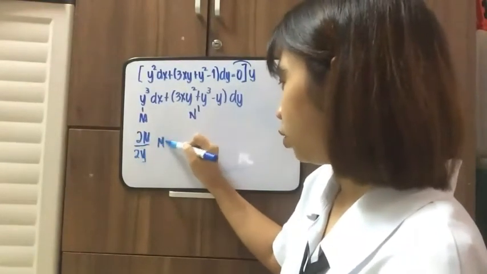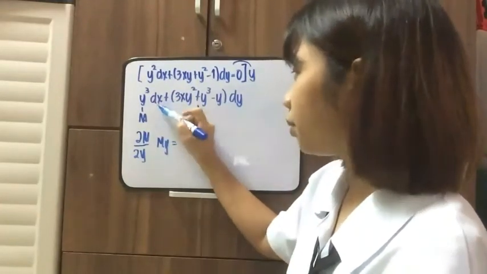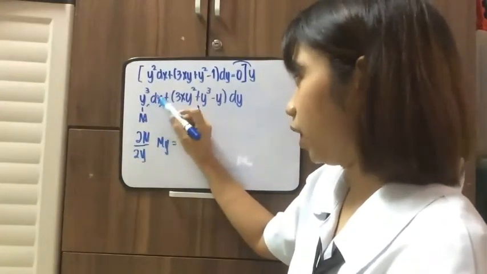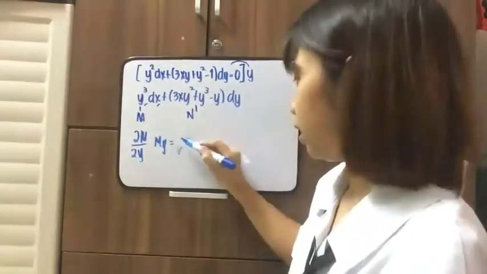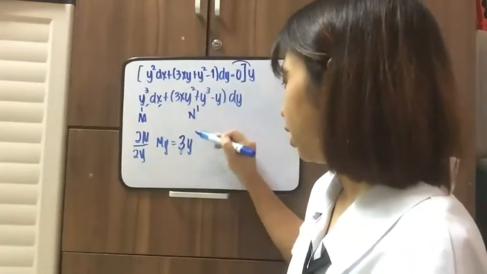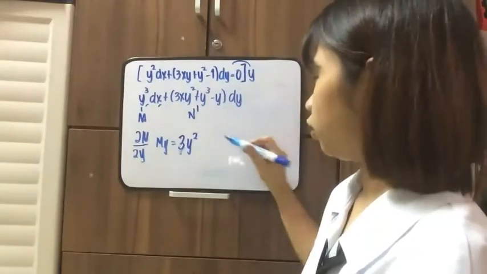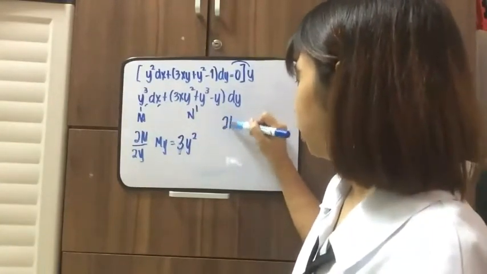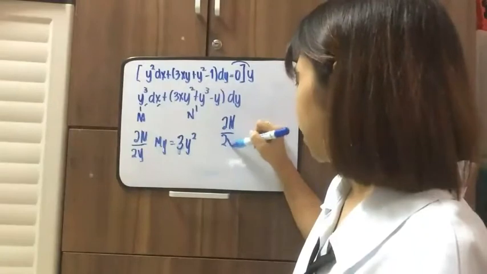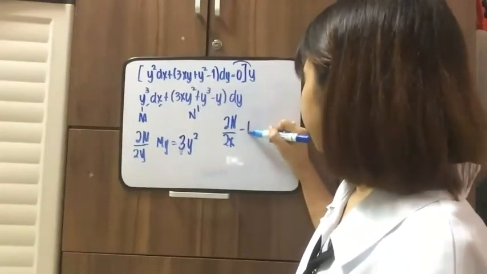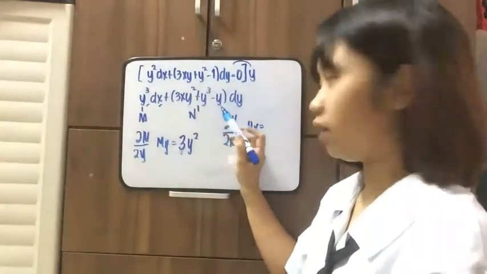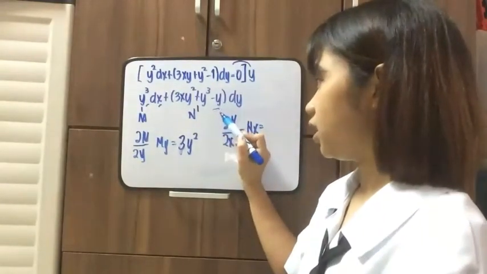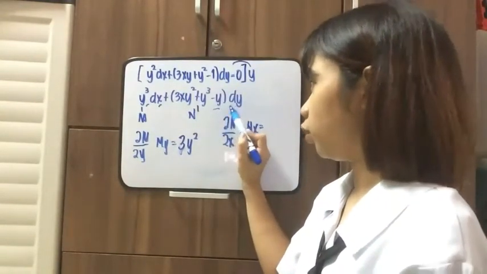Our M in this equation, we are going to derive. If we derive y cubed, we are going to get 3y squared. Next is solving for the partial derivative of N with respect to x. Same process. We are going to derive our N. Our N is 3xy squared plus y cubed minus y.